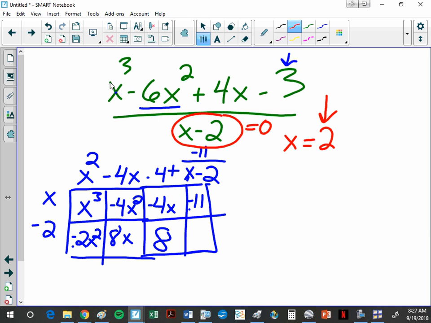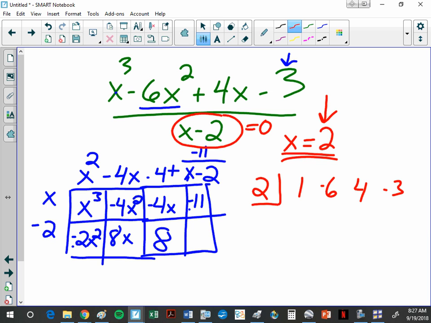You set the bottom equal to 0, and you get this number. I'm going to put that number in the corner of my problem, and then I'm going to write down all of the coefficients of my equation. So 1, negative 6, 4, and negative 3.